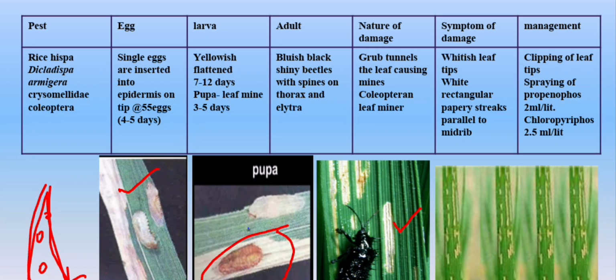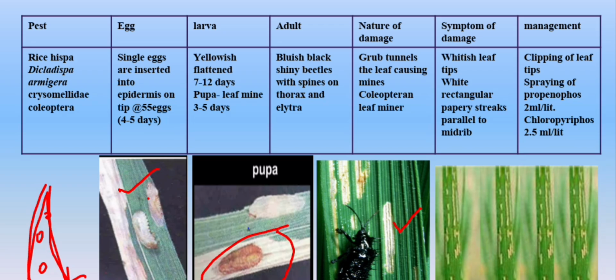It is bluish black in color with spines covered all over the thorax as well as the elytra. The elytra means wings. Thorax and elytra are totally covered with spines.